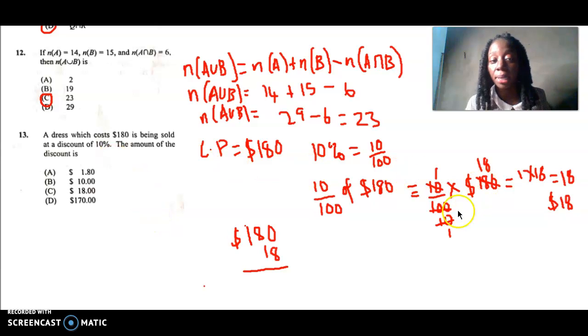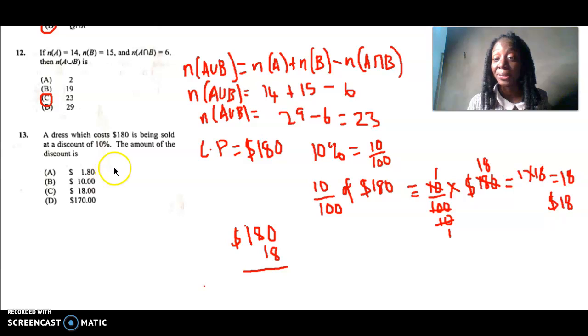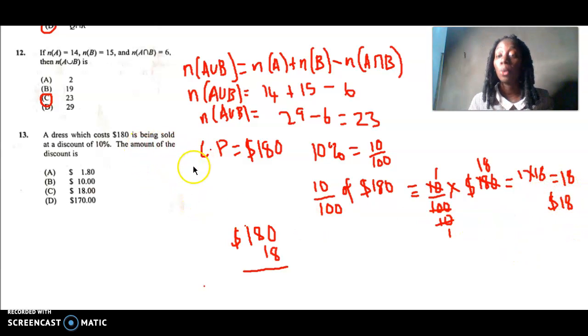The question asks for the amount of discount. So my apologies right there. The 18 that we have found would be the amount of discount. All right, so the answer would be C.